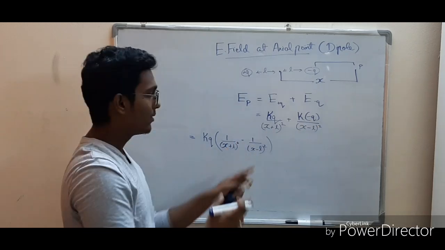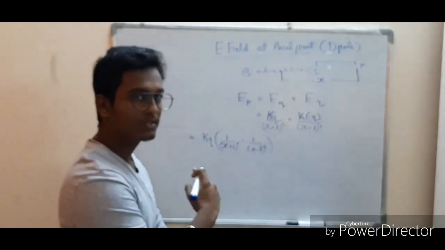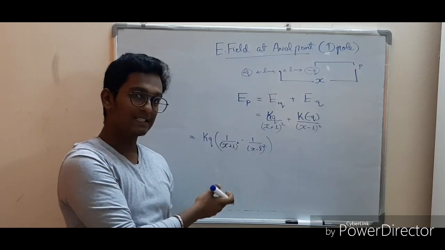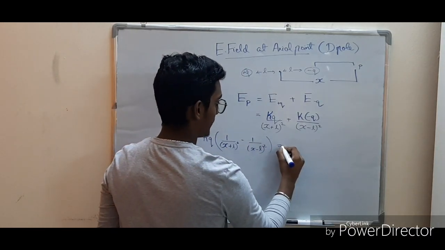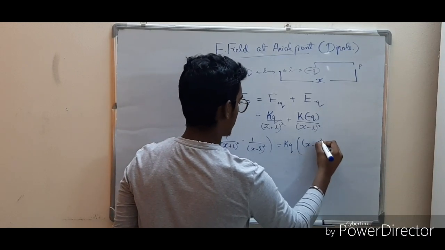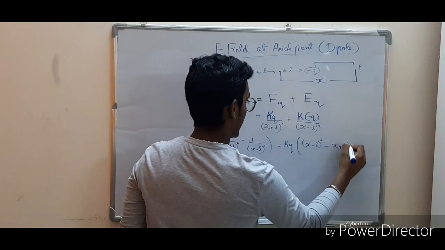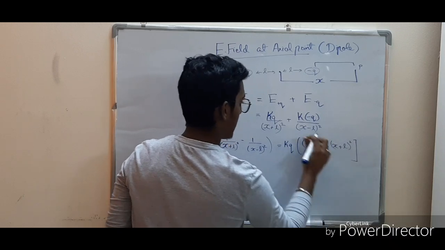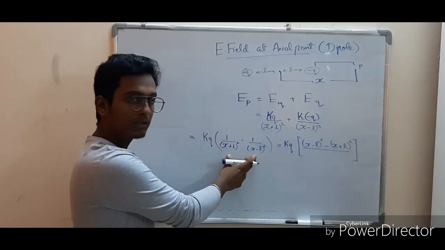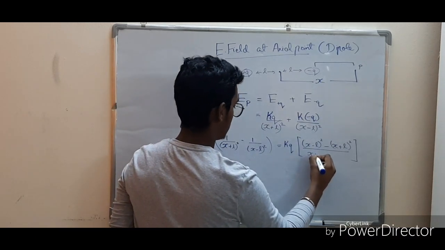I have just brought k and q outside as common, and I'm just factoring the inside. Now we have to take the LCM of the brackets. So we have kq, x minus L the whole square minus x plus L the whole square, divided by the product of these both in the denominator.